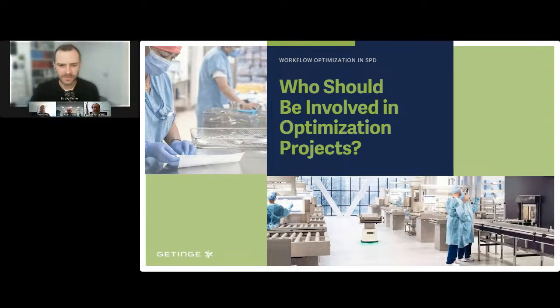And I particularly want to hear Robert's perspective on this with that background in Lean Six Sigma, because that is baked into that system of figuring out how do we go about developing optimization improvements and who needs to be involved in that. So Robert, just really broadly, in optimization and sterile processing, who needs to be in the room as you figure out what do we do about our problems?